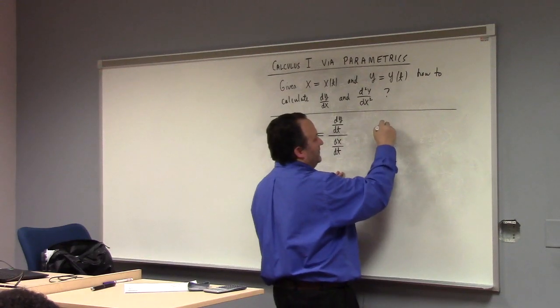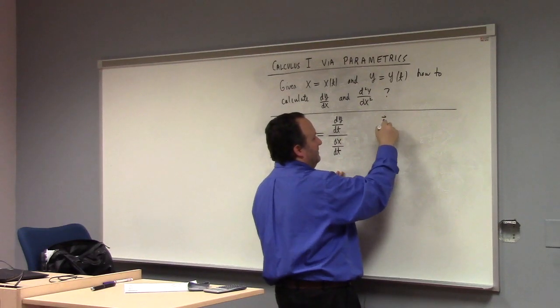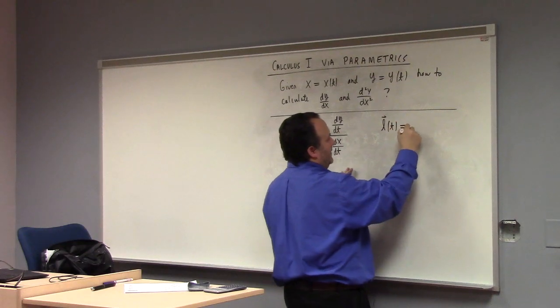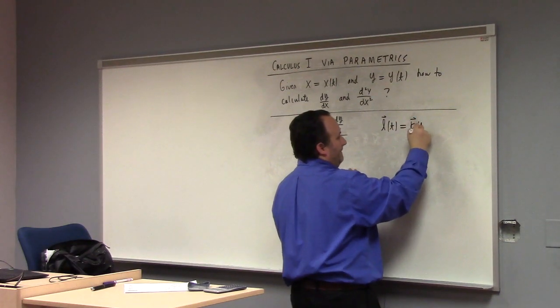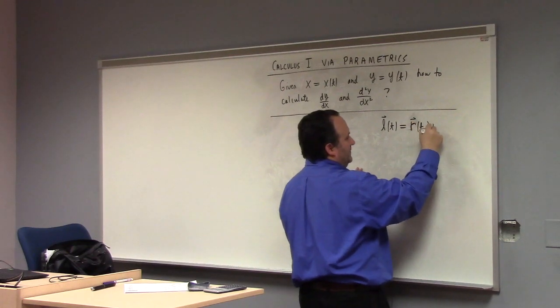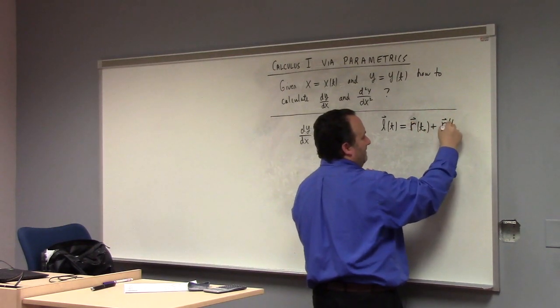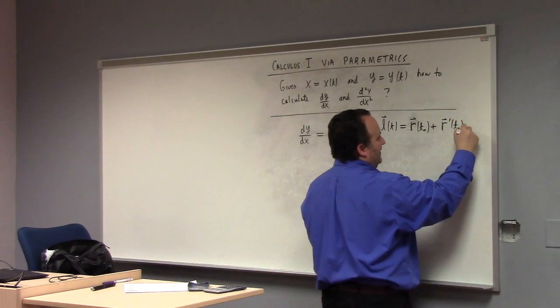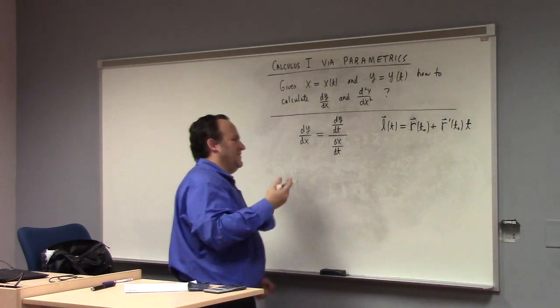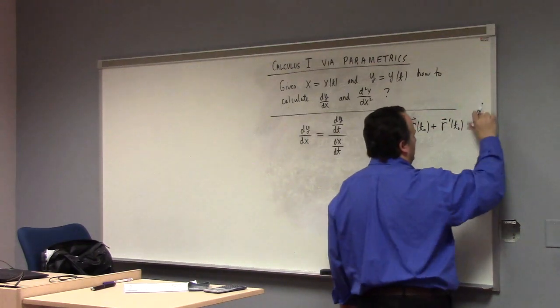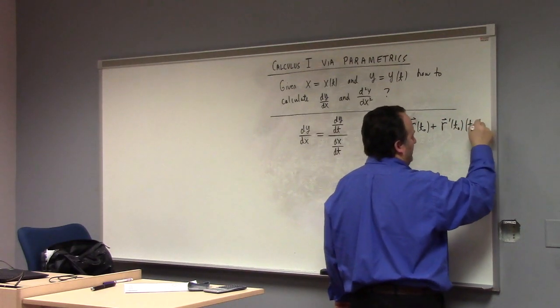So the tangent line, what was it? It's r of t naught plus r prime of t naught times t minus t naught. Fine, I'll stick with that.